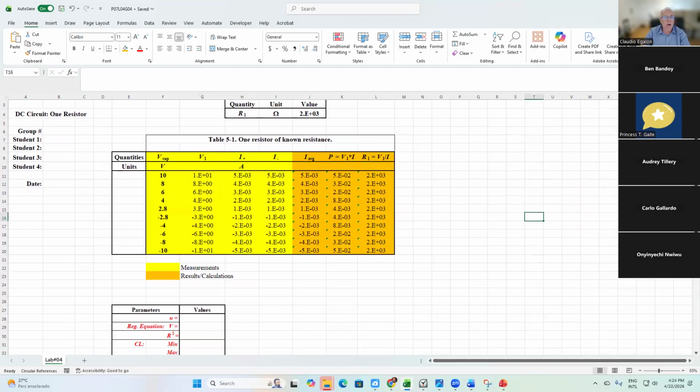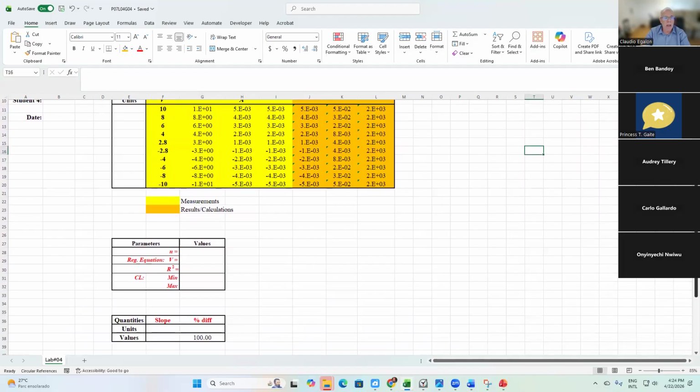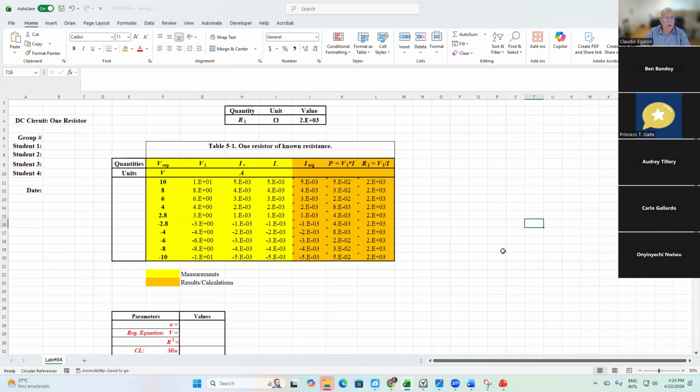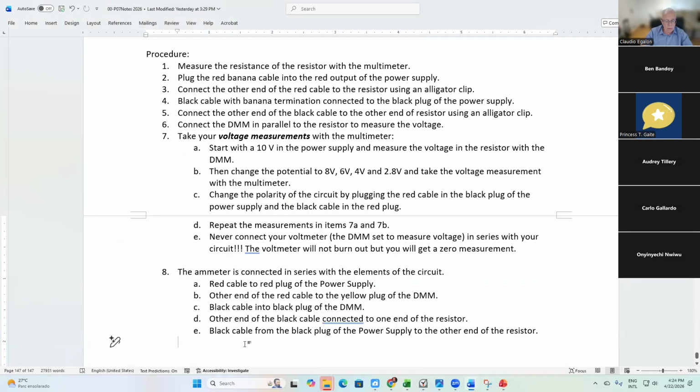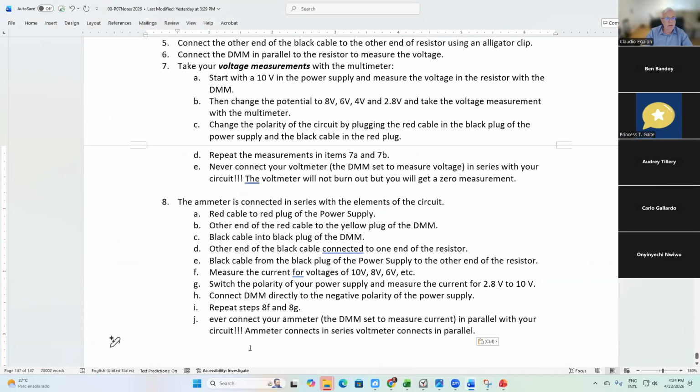We are going to verify Ohm's law. You have to plot, remember Ohm's law, right? Let me just copy here and paste in the notes so you have everything that you need.